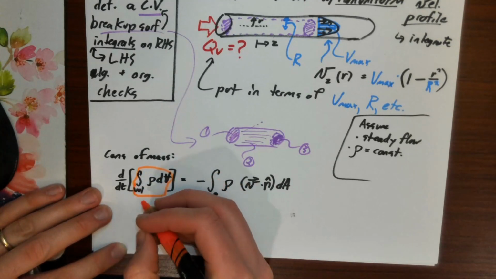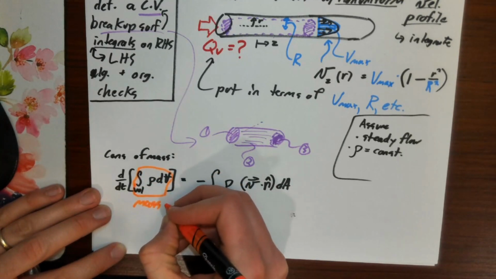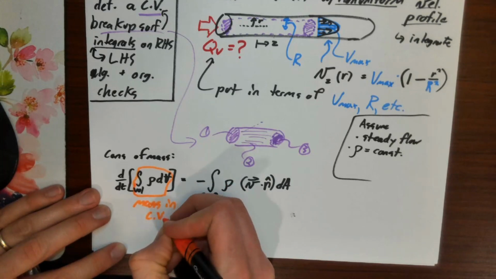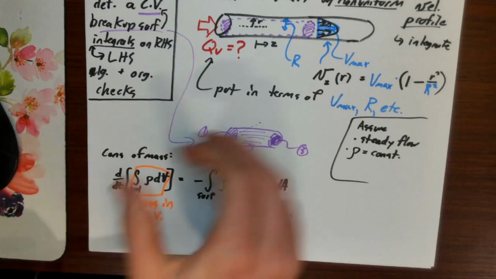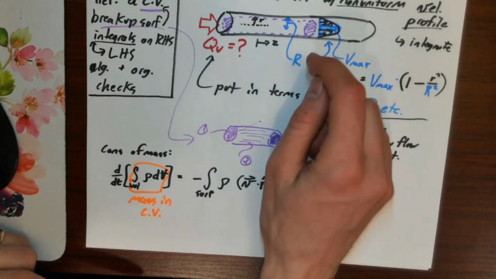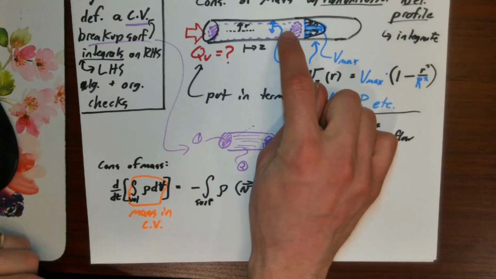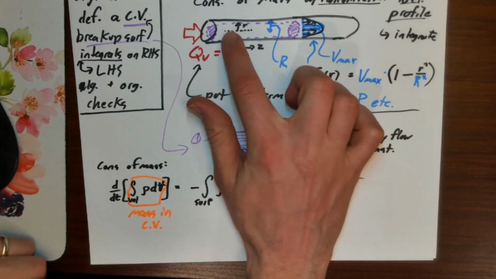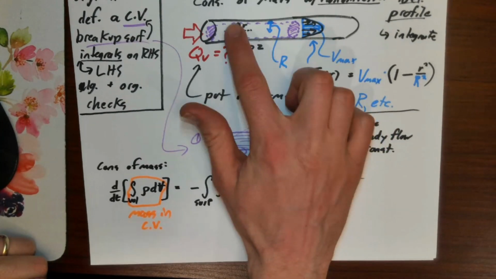This term right here is the mass in the control volume. And if I took a snapshot now and then let this flow happen for a while and took a snapshot later, even though new fluid would have entered and old fluid would have exited, the amount of mass in that control volume should be the same, right?